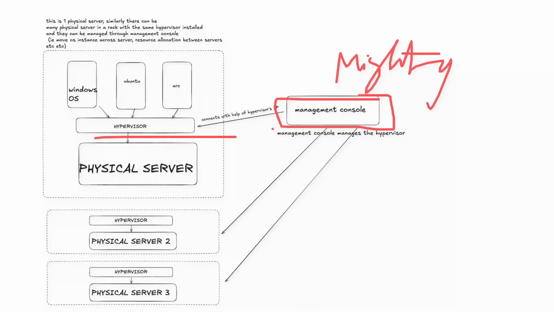What is the major advantage and disadvantage here? The advantage is very clear. With the help of this hypervisor, you can run multiple applications, multiple OSs. It is more isolated when compared to containers as well as bare metal. But there are a few disadvantages as well. It is too heavy because multiple OSs have been installed.